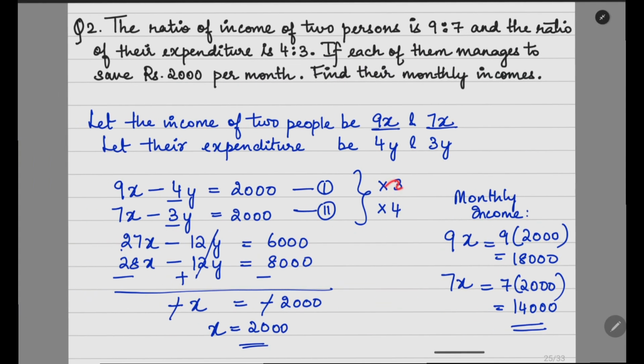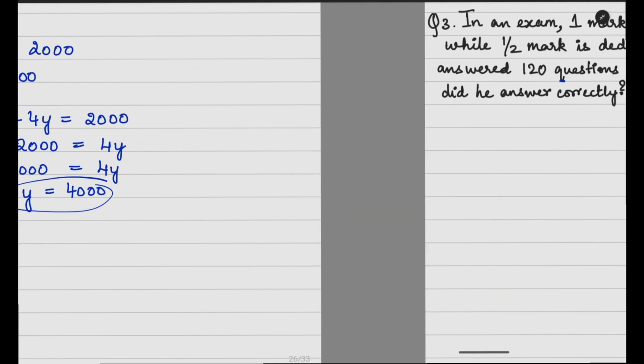But otherwise, whenever you have a linear pair, what do you mean by solving linear equations? Finding the value of both x and y. Although it was only x that was required in this question, it is preferred that you find the y variable also, because y is also involved here. Okay, hope you understood. Let's move on to the next question.